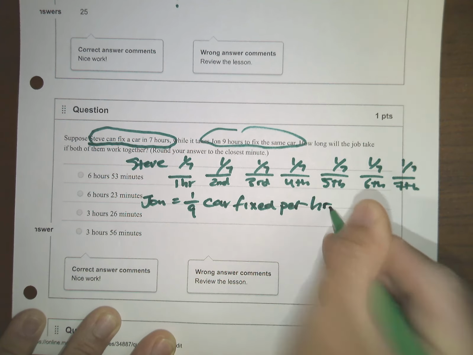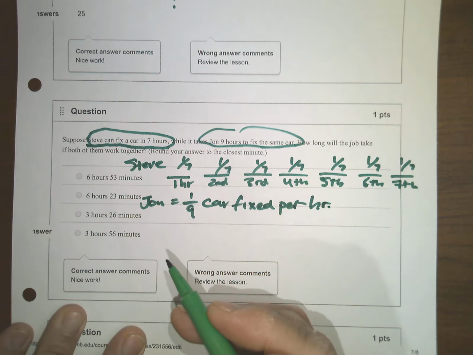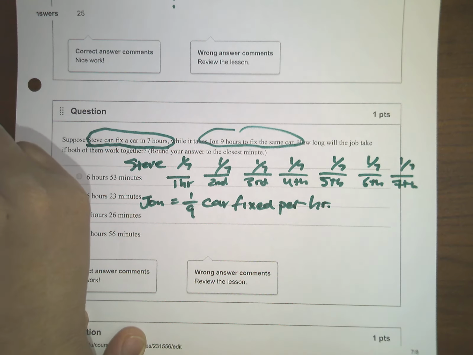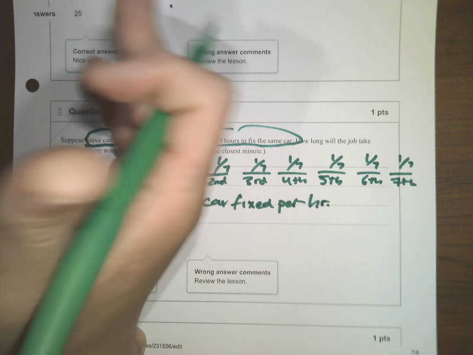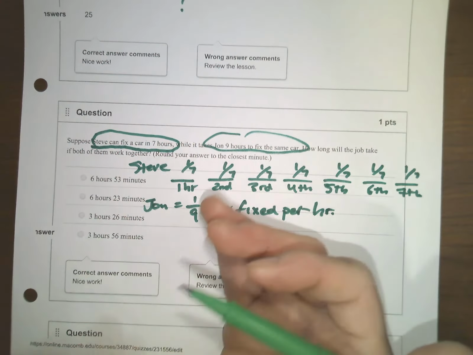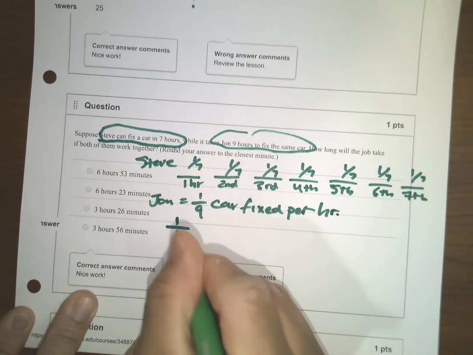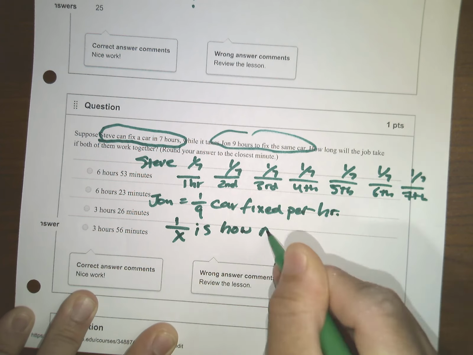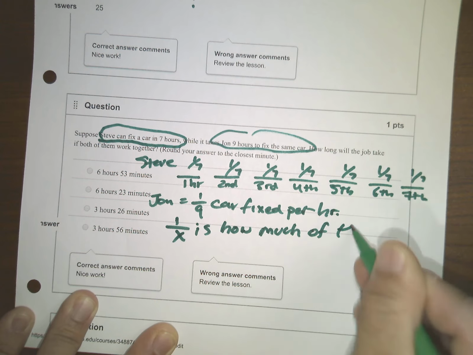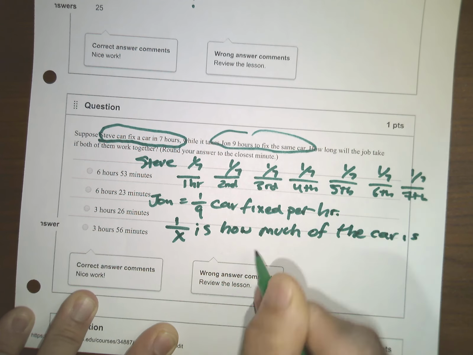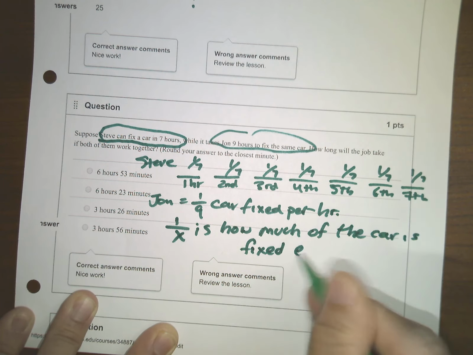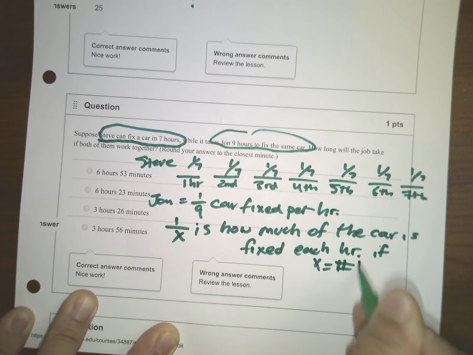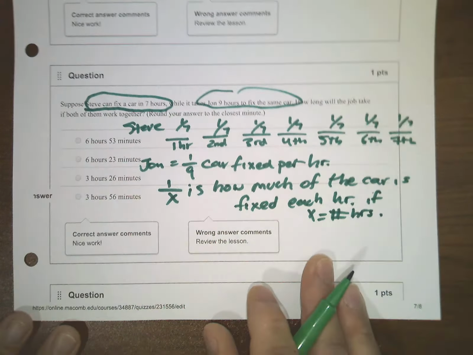Now, let's say there's some other person, and I don't know how long it will take them to fix a car, but the pattern seems to be that 1 over x is how much of the car is fixed each hour, if x is equal to the number of hours it takes somebody to fix a car.